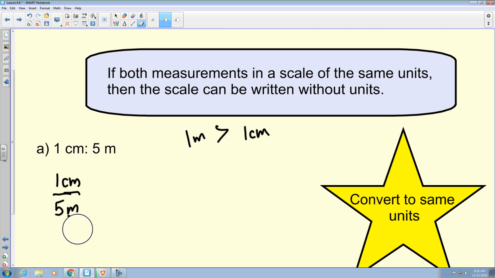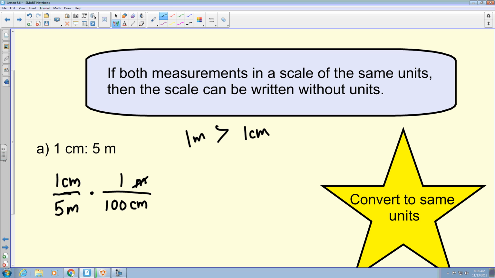Since that is our largest unit, I'm going to try to get rid of the meters value. So that means we have to do some dimensional analysis, what we did before. We have to multiply by another fraction. If meters is on the bottom, I'm going to put meters on the top, and I can put centimeters on the bottom. We know that 1 meter is equivalent to 100 centimeters.